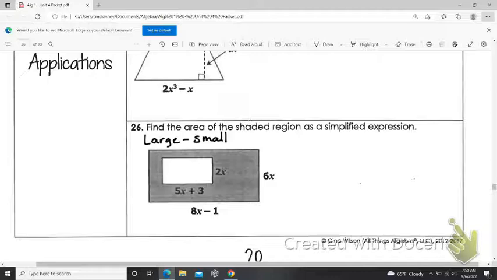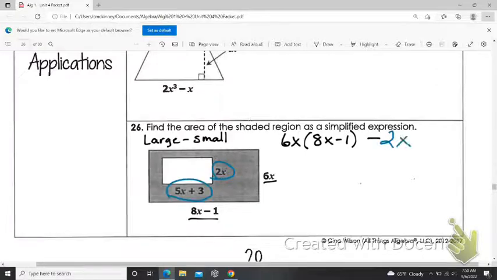For that large rectangle, length times width, doesn't matter which one I write first. I'm going to put the 6x on the outside on the left, and I'm multiplying these two to get my area of the large one. And then I'll need to multiply these two to get my area for the small one.